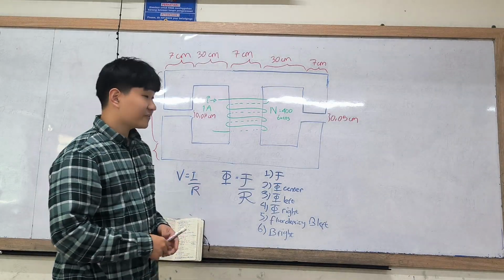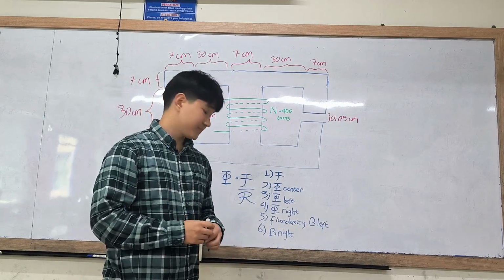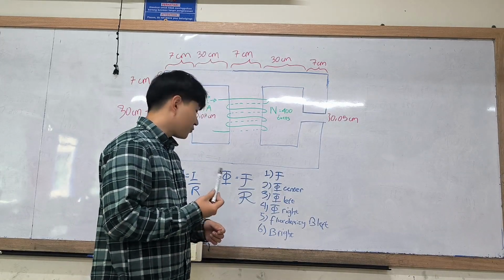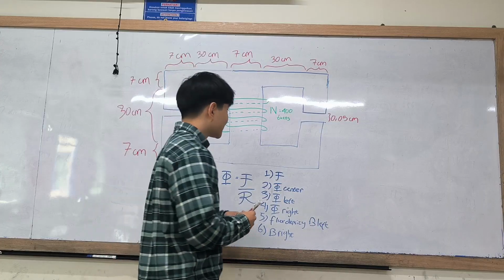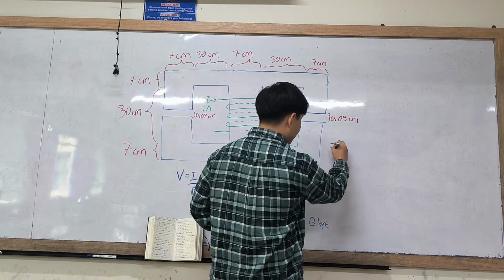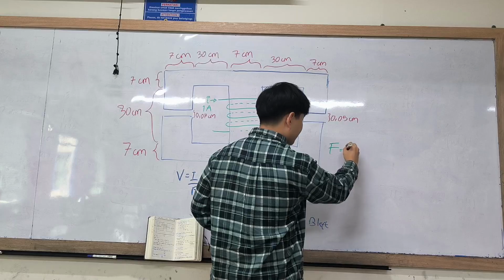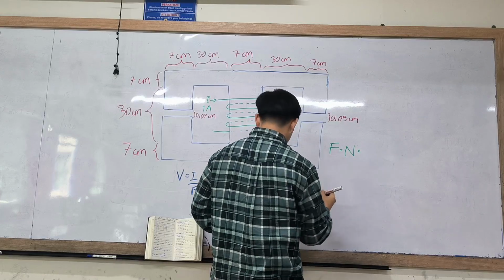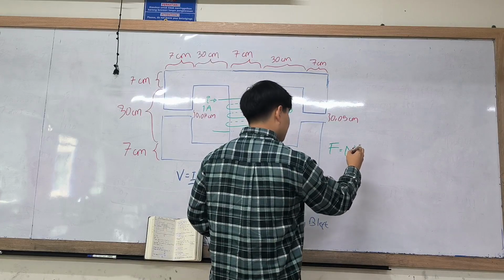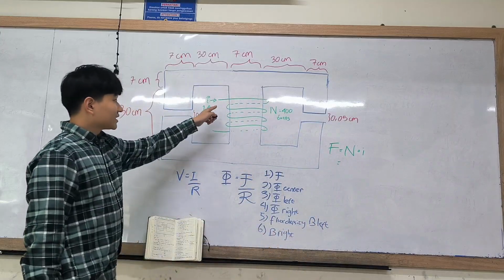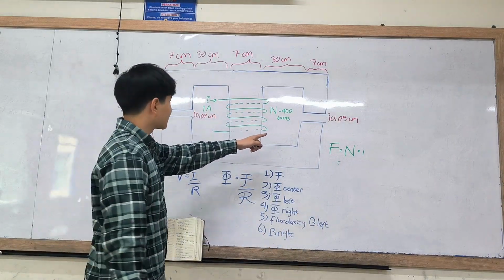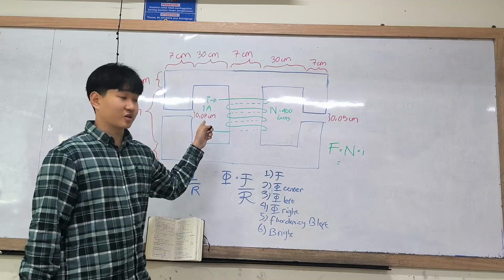So first, we have to find the magnetomotive force. The formula to find the magnetomotive force is actually very simple. It's just F equals the number of coil turns multiplied by the current. Here, as you can see, there are 400 coil turns and 1 ampere of current.